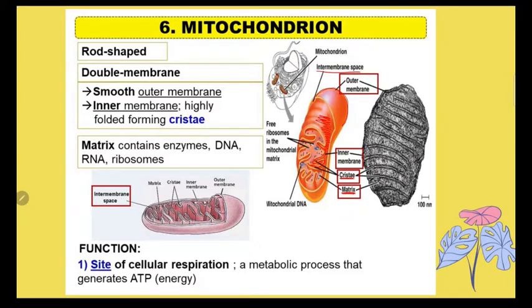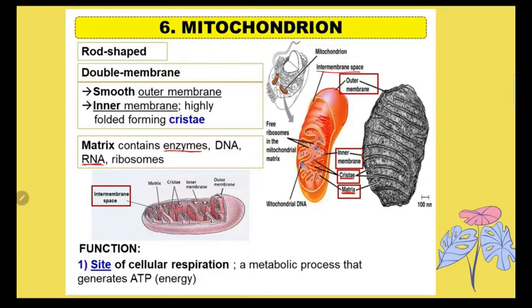Other than ribosomes and DNA, inside the matrix of the mitochondria there are also enzymes and RNA. So what is the function of the mitochondria? It is a site of cellular respiration, which is a metabolic process that generates ATP. Again, this word site is compulsory. Site of cellular respiration.